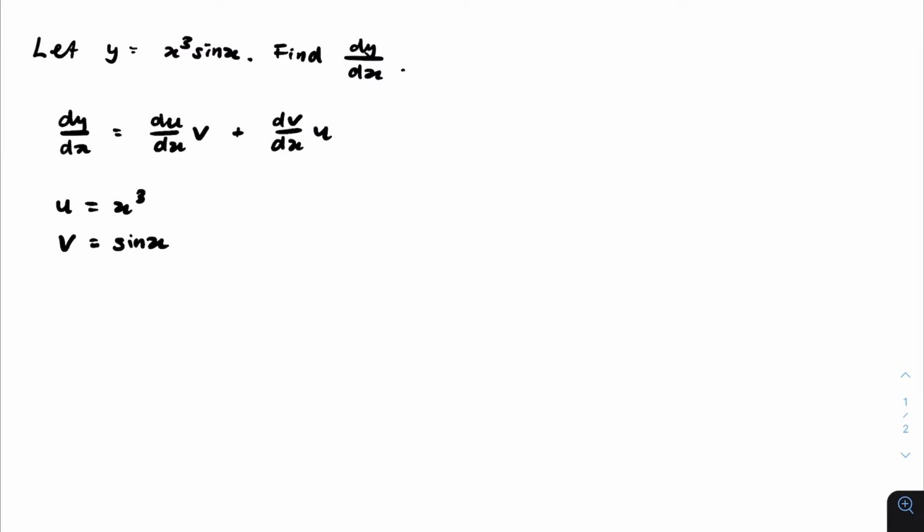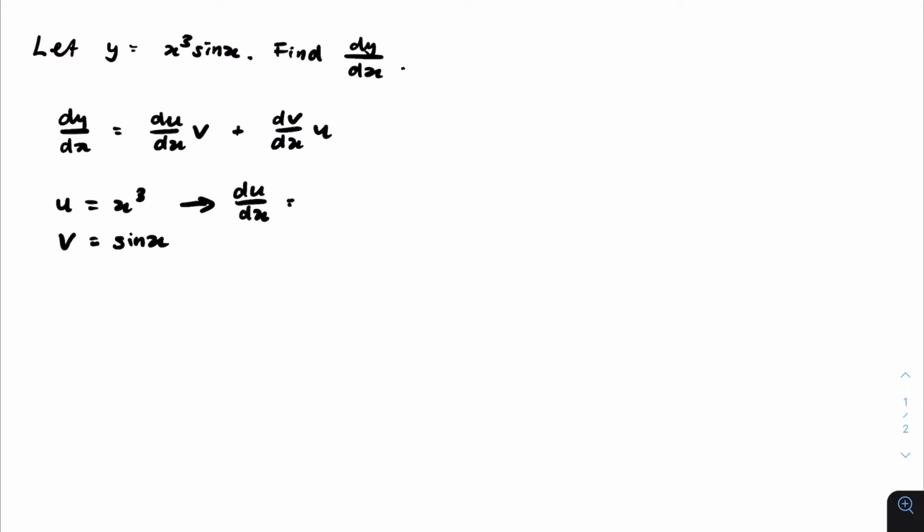And now all we need to do is find the derivatives of both of these, because du over dx refers to the derivative of u, which is x cubed in this case, and dv over dx refers to the derivative of v, or sine x in this case. So let's just do that. If u is x cubed, then du over dx, the derivative of function u with respect to x, we can just find using the power rule.